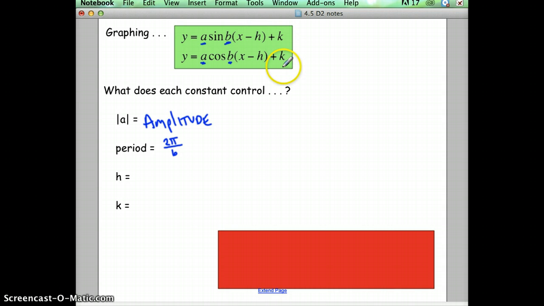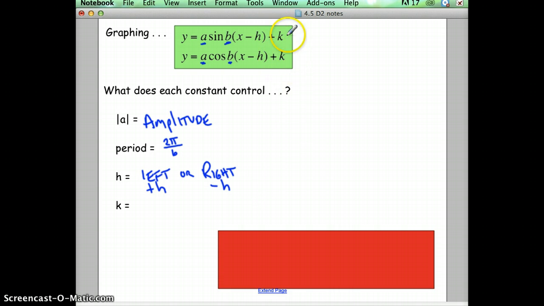So this is similar to all the other types of functions we've done with shifting left, right, up, and down. If the value is inside the parentheses, that's your shift left or right. If you are adding that H value, it's going to shift to the left, and if you're subtracting that H value, it's going to shift to the right.